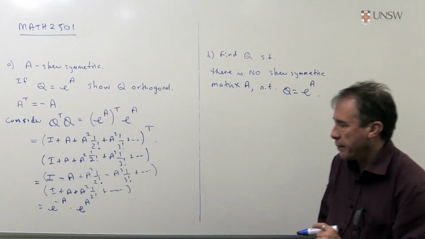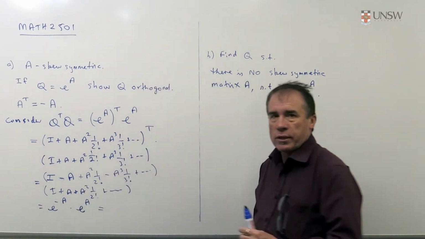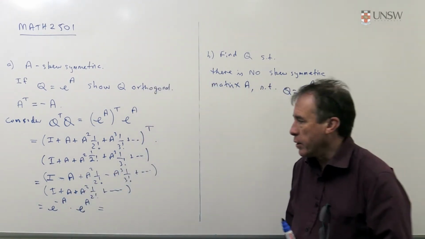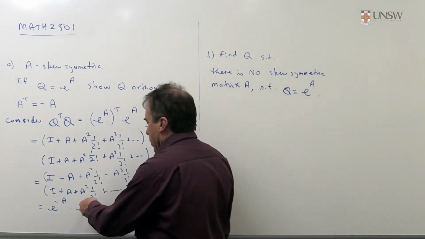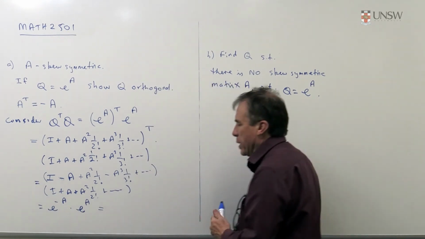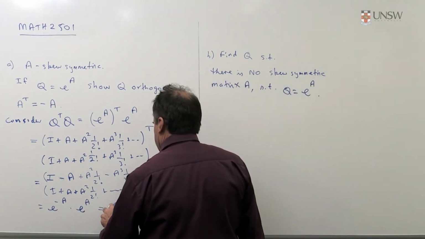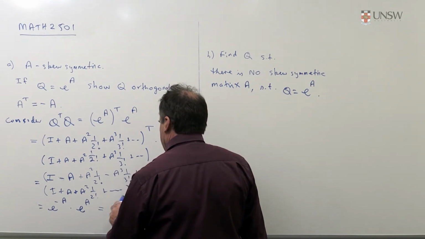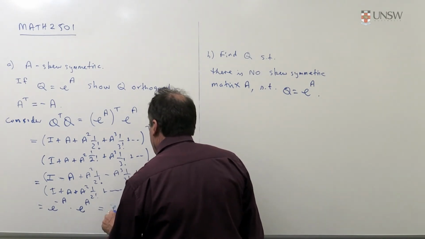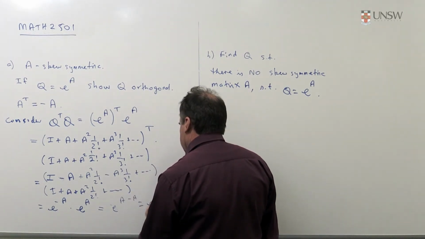Now because A commutes with itself, as we saw, we had a little theorem that if you've got e to the A times e to the B, and the A and B commute, then you can just combine these together. And so you get A minus A. And of course that means it's e to the 0 matrix.